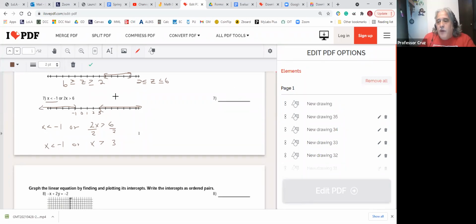So that's the graph for it, but they also want the interval notation. It's a little bit hard to squeeze in here, but we should be able to do it. It's going to be parentheses on all ends, so it's negative infinity to the left. All right, so there we go.